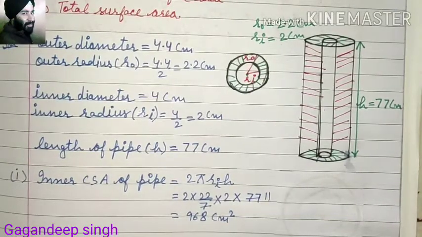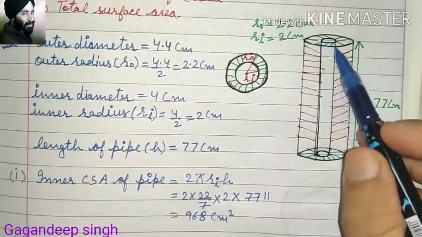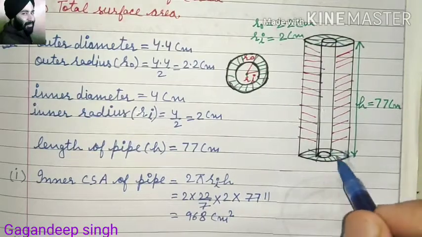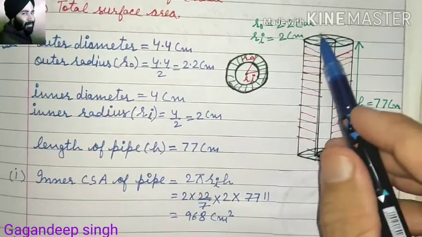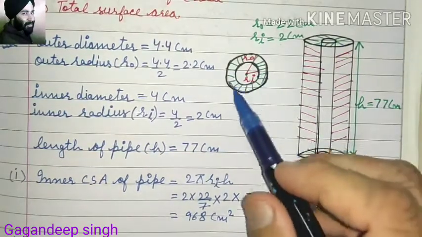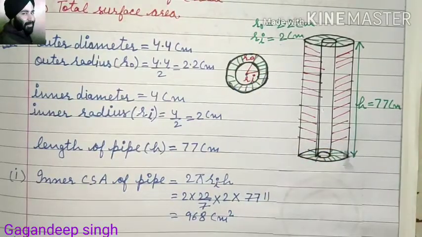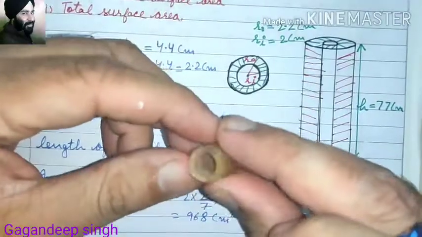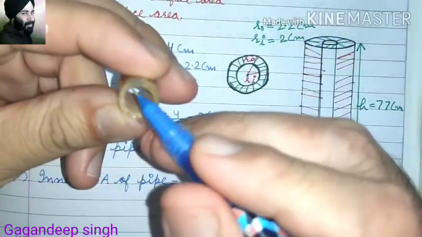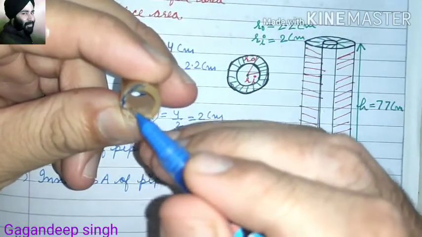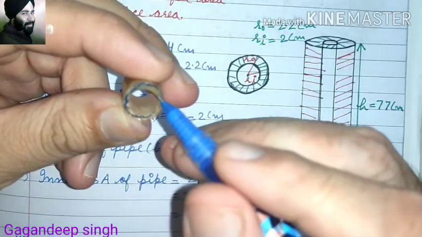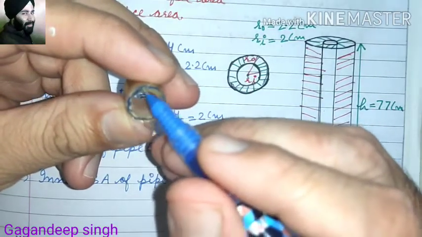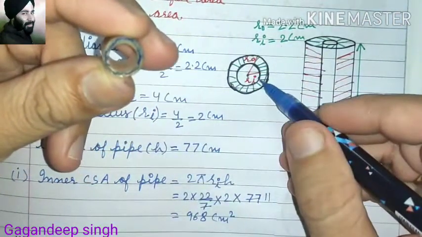Third part, we have to find its total surface area. For this we have to find its area of top and area of base also. Its area of top and base are in the shape of a ring. For example, you can see this in this piece. This area which I am shading is the area of the top, which is in the shape of a ring, like this.